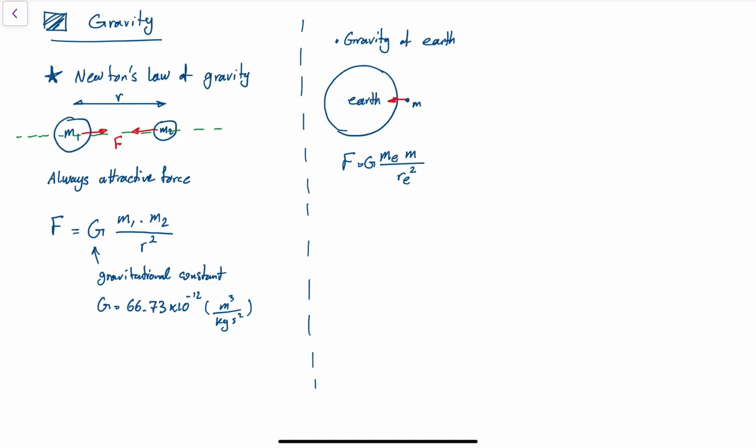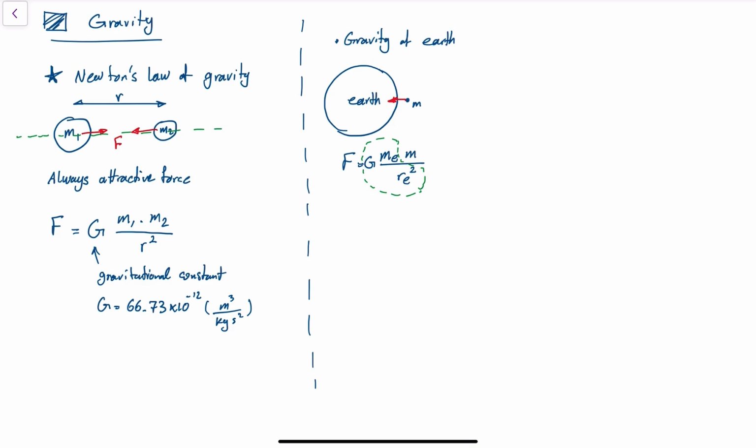And we are more comfortable to combine all these three quantities that are relatively constant. Mass of the Earth is mostly constant. The constant of gravity is constant. Radius of the Earth, depending on where you are and how far you are from the surface of the Earth, that can change. But with distances not too far from the surface of the Earth, that RE can also be considered constant.